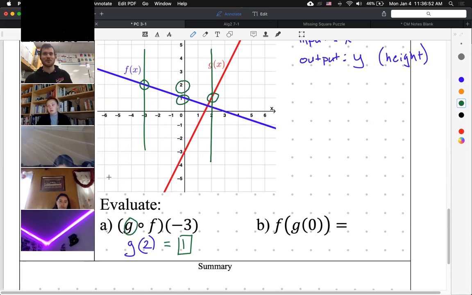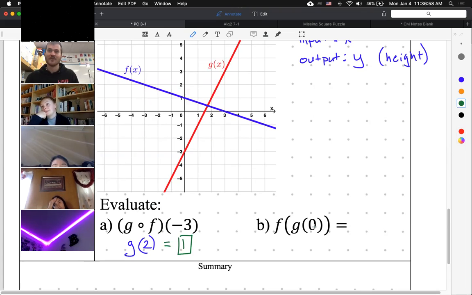Okay, let's try one final one to be done with the notes here. F of G of 0. Someone help me, what do I do? Yeah, Beverly?